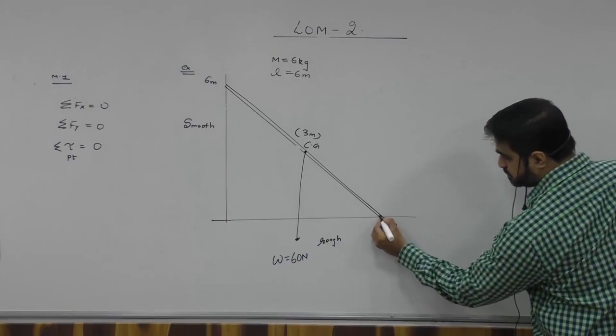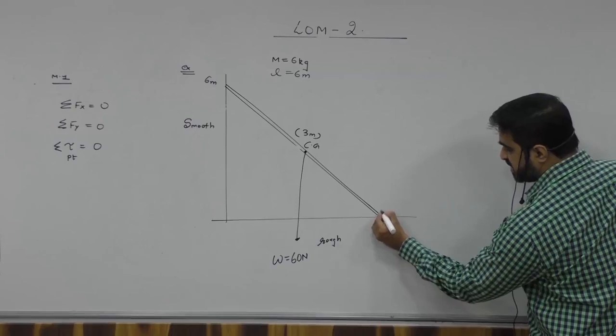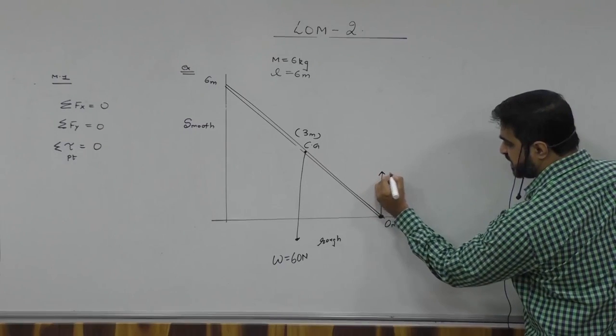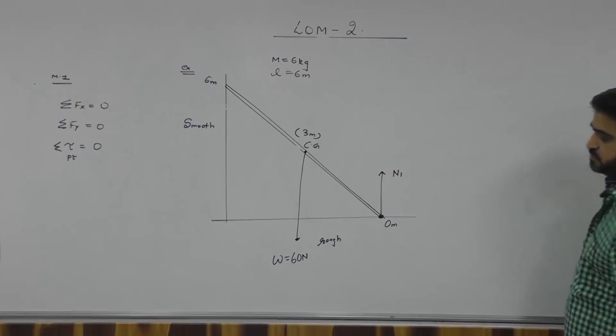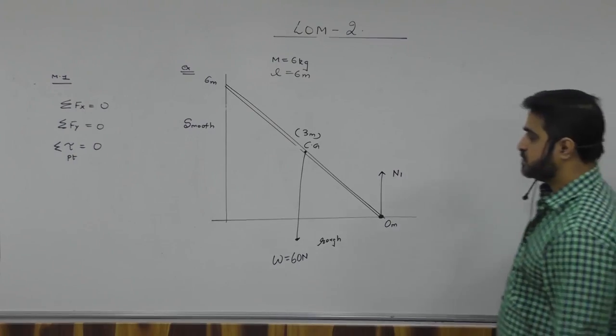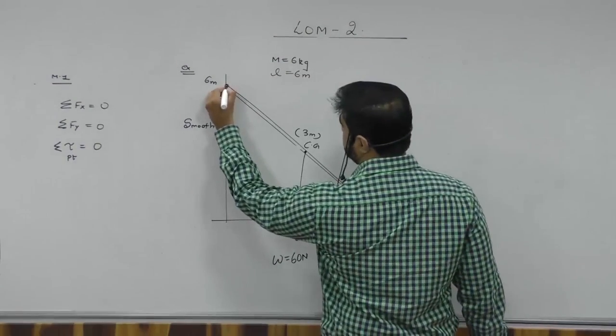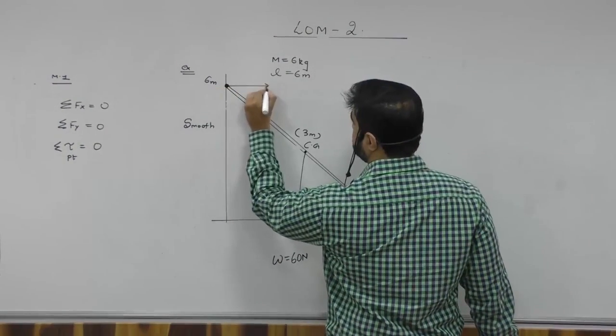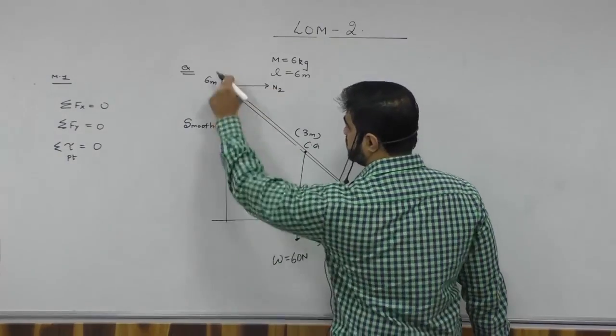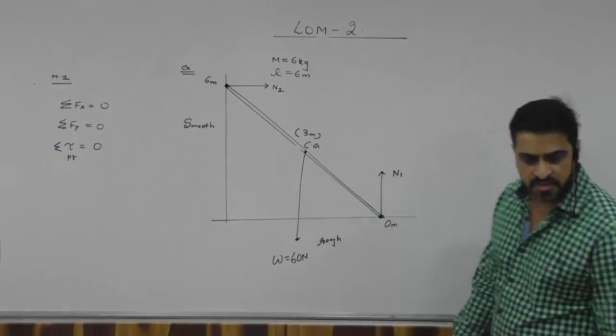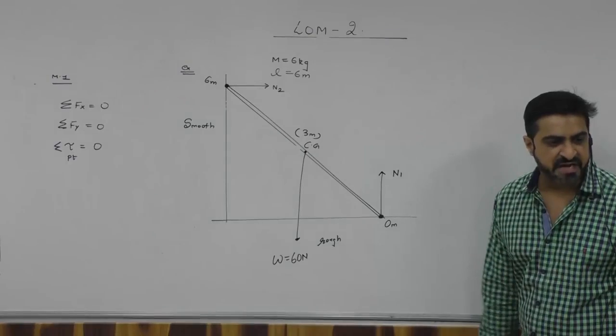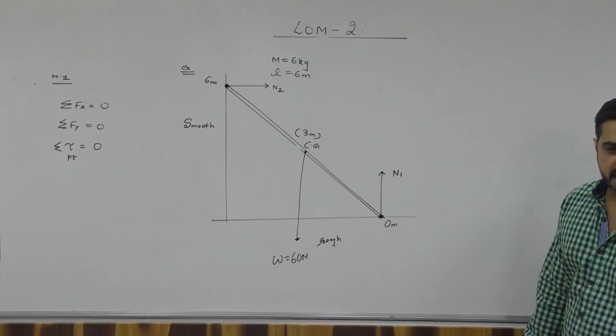Well, come over here. Reaction force, contact force. Can I name it as N1? Here also there will be another contact force, N2. Smooth, so no friction. Rough, so friction. Where is friction acting? Opposite to intention of motion.